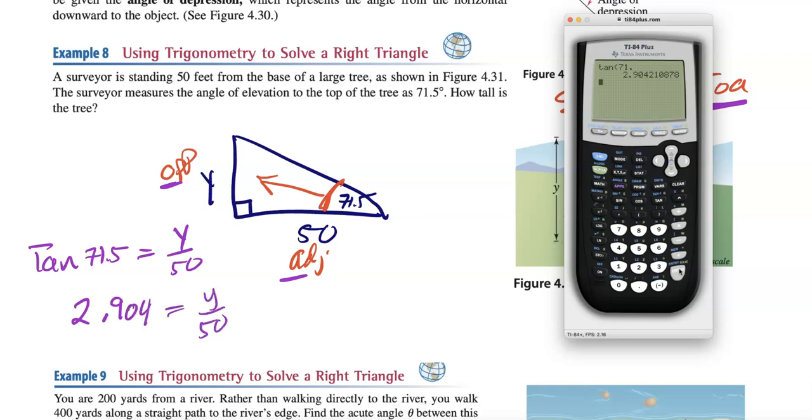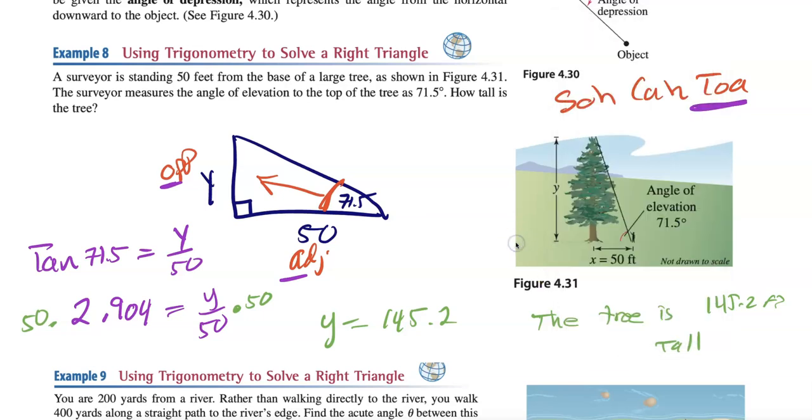Then we multiply both sides by 50 to get rid of that 50. So times 50, and we get y equals 145.2. So the tree is 145.2 feet tall. And I always block the answer with the calculator. Bad habit. There we go.